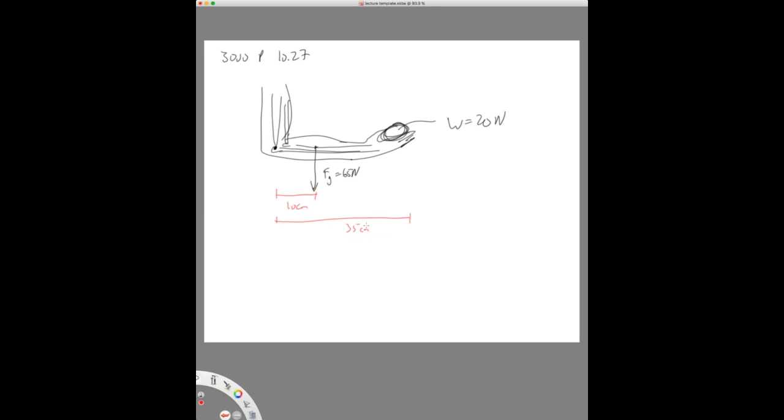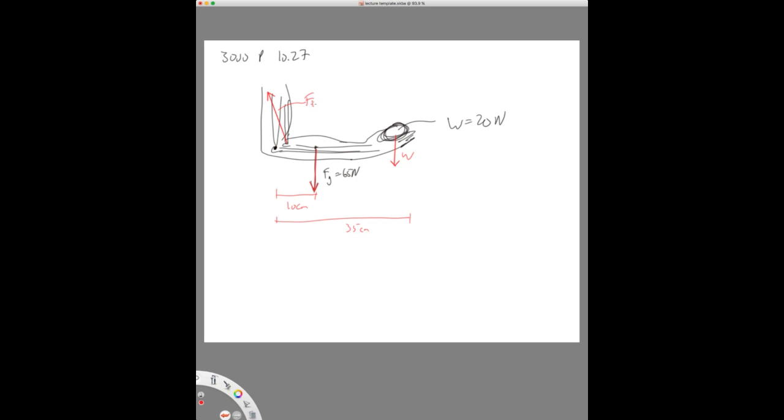And they're giving us some information about forces. They say that the biceps is pulling upward at an angle, like that. And we know force of gravity is downward, and there's also a weight here.